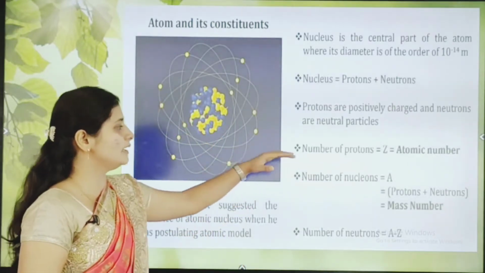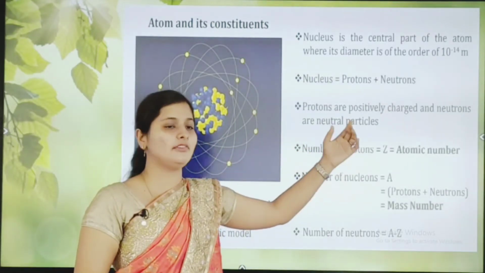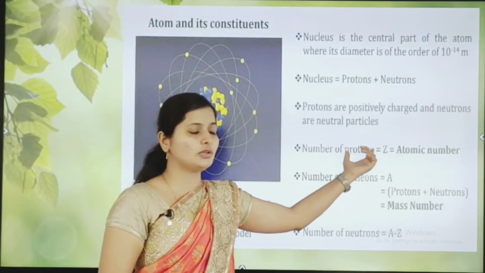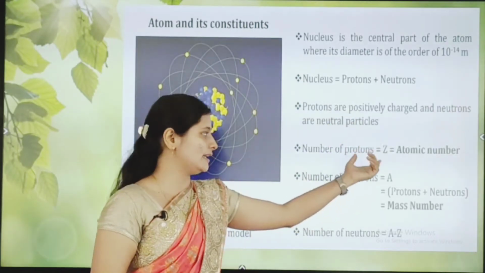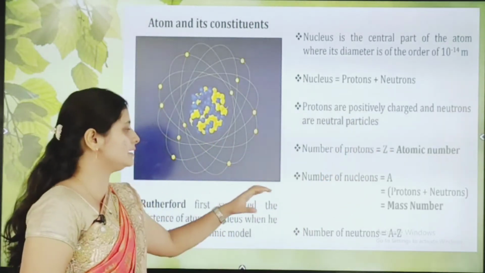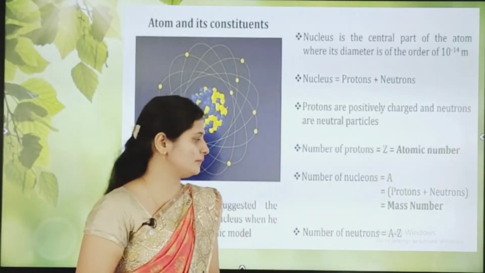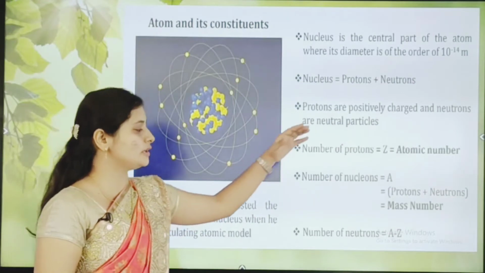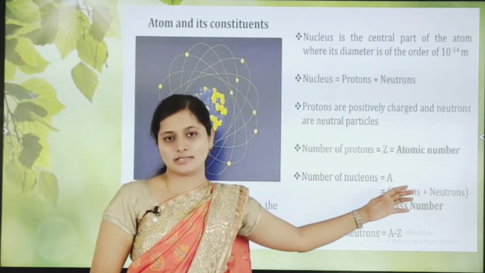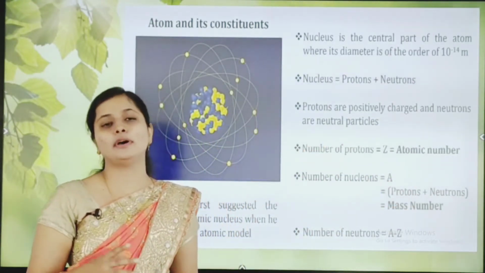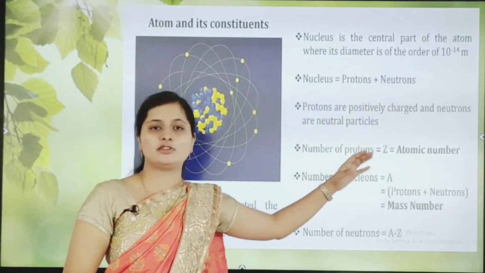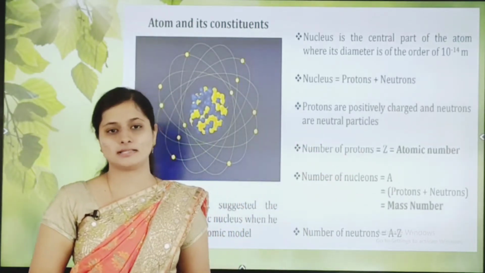Next, the number of protons is denoted by capital Z, which is equal to the atomic number. The number of nucleons is capital A, proton plus neutron, which is equal to the mass number.